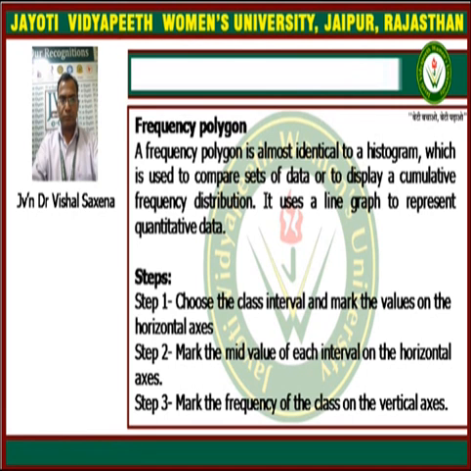So data sets can be compared by the frequency polygon, and it can be used to display a cumulative frequency distribution. So the first important point is the comparison of two data sets, and the second is to display the cumulative frequency distribution.